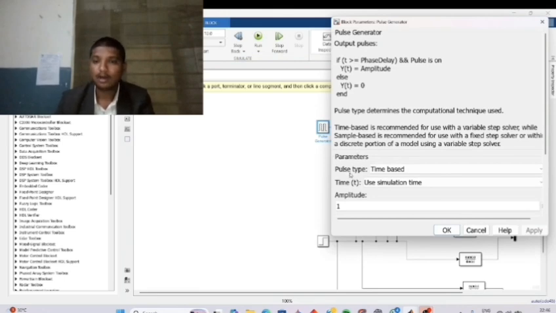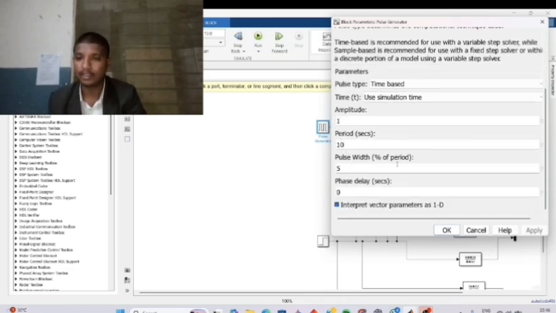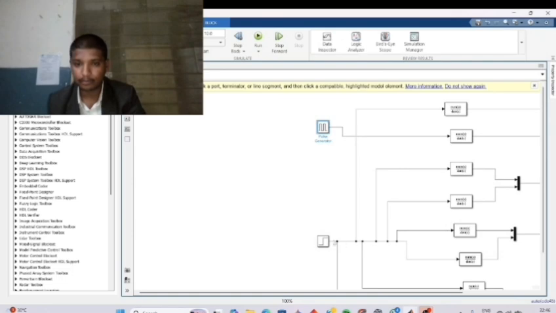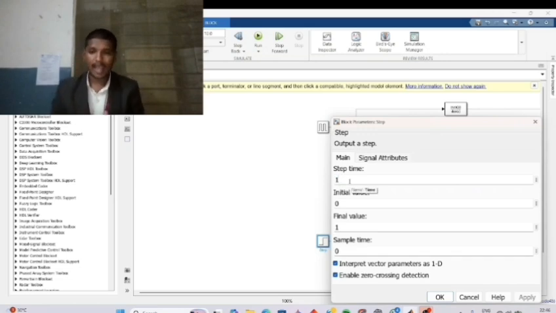For the pulse generator, the pulse type is time based, using simulation time. We set amplitude 1 here, period 10 seconds, pulse width 5 percent of period, and phase delay 0. For the step, we take step time 0, initial value 0 and final value 1.